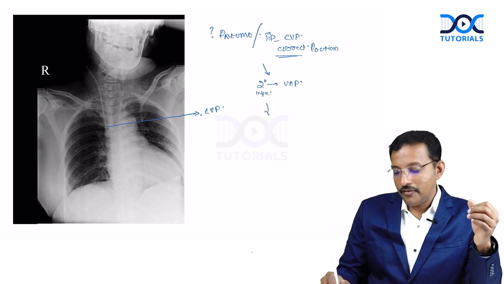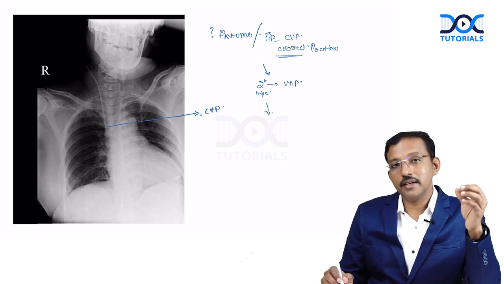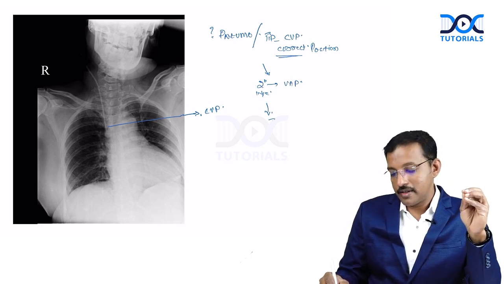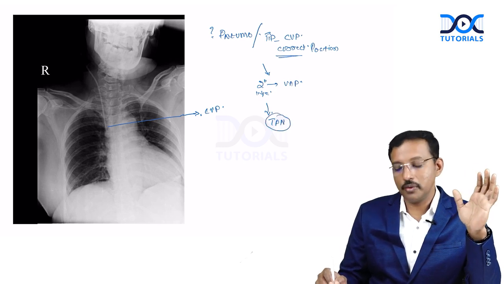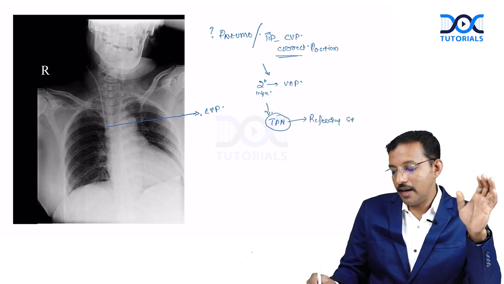Now when you start feeding the patient through the CVP, all the complications of total parenteral nutrition, like refeeding syndrome, can happen. What is refeeding syndrome?